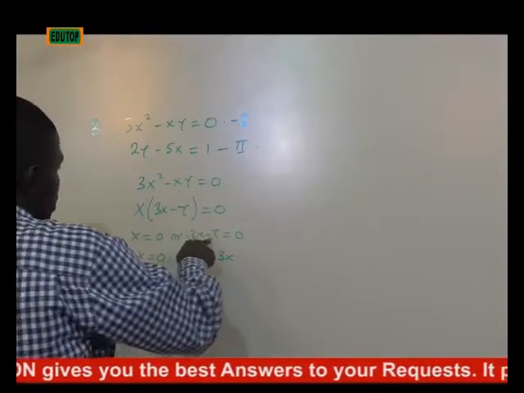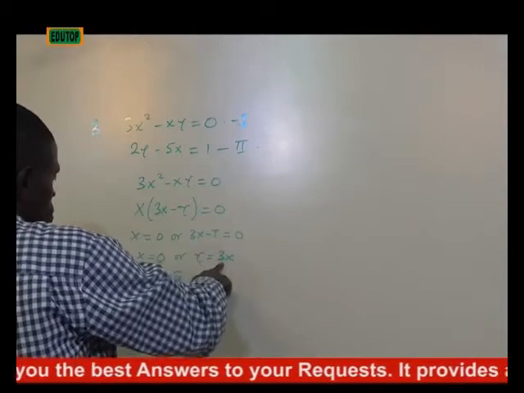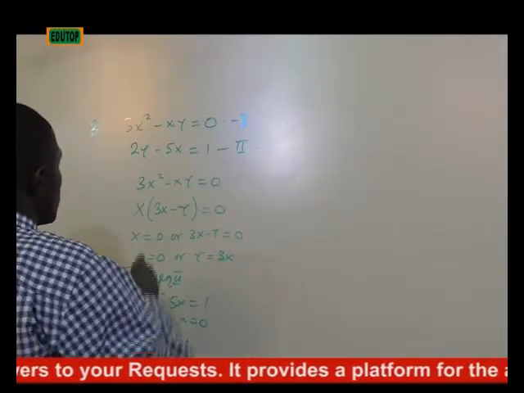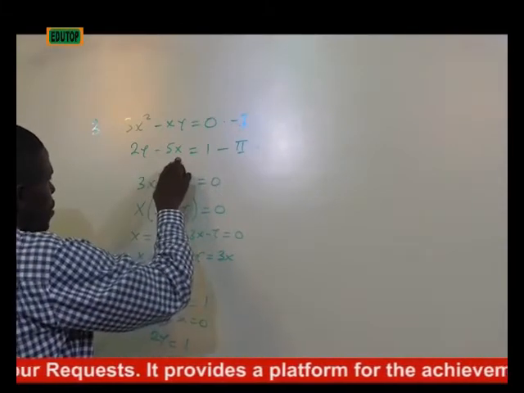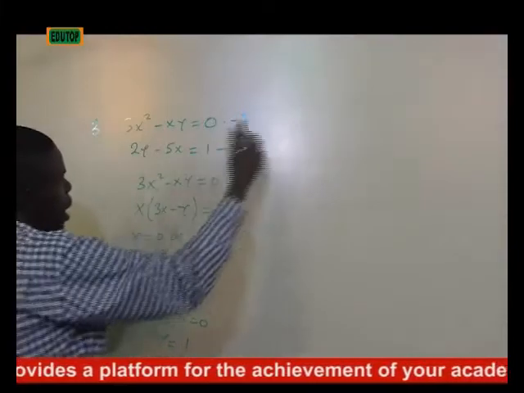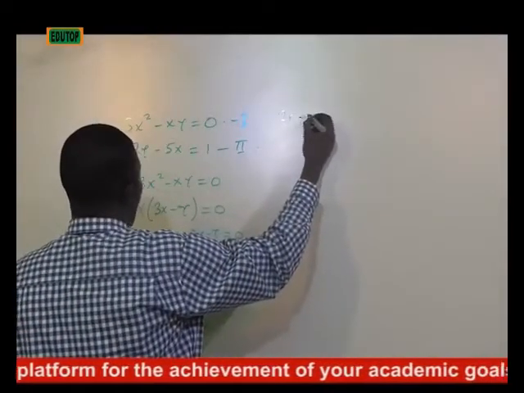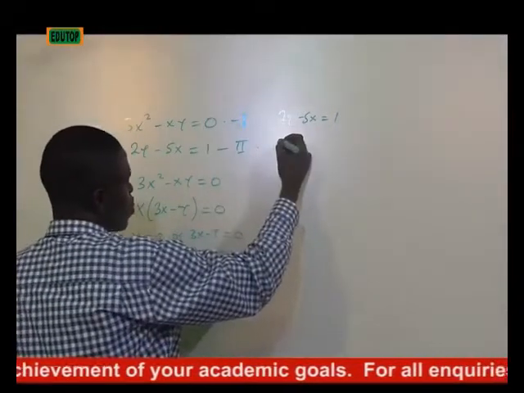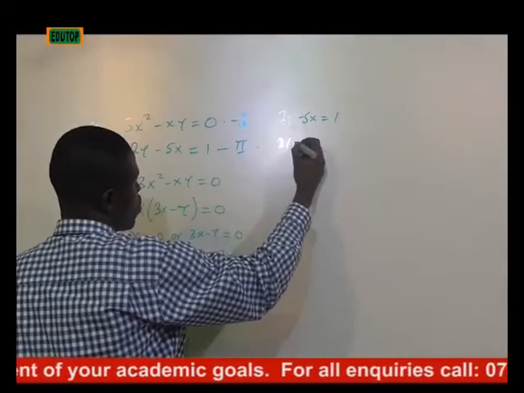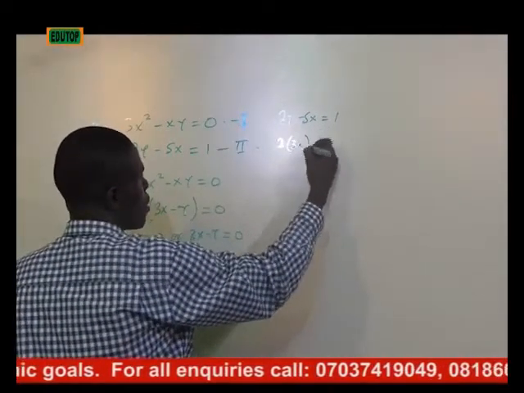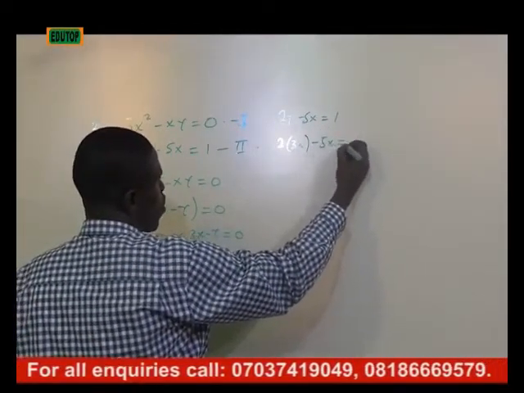And you remember, it should be noted that your y is equal to 3x. Automatically, by looking at it from this angle, you have 2y minus 5x equals 1. And since my y is 3x, it will be 2 into 3x minus 5x equals 1.